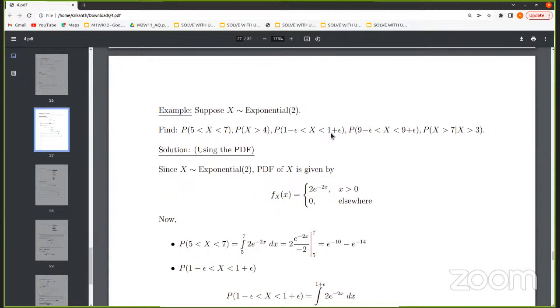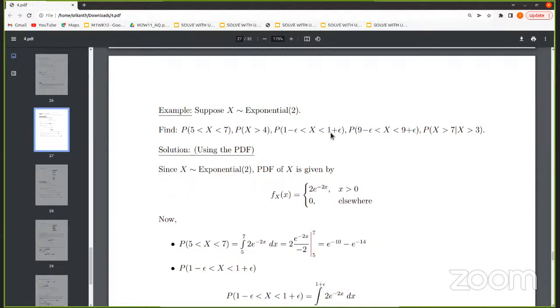So here you see it is given that x follows exponential with parameter 2. We need to find the probability that x takes values between 5 and 7. As this is continuous, you have to integrate from 5 to 7, keeping fx, which is the PDF, inside. The PDF of x will be 2 times e to the power minus 2x.